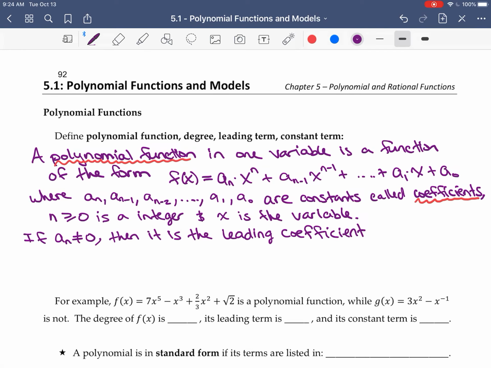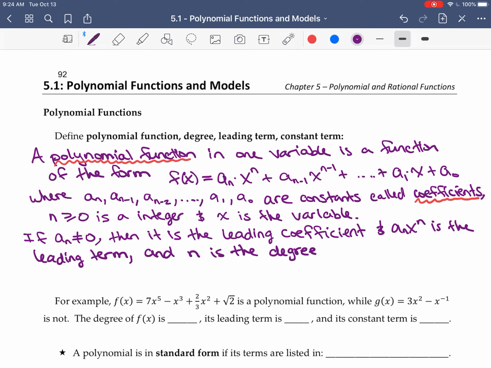The term a(n) x to the n is the leading term, and n is what we call the degree. So it's the highest power of x that appears.